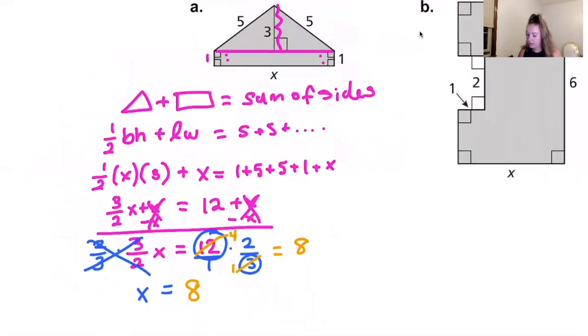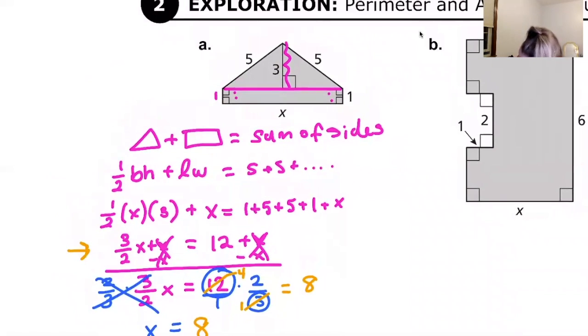So now from there, I go back to this step right here, and I'm going to plug in my 8 for X. So I have 3/2 X plus X equals 12 plus X. Remember, X is the same on both sides, so that's all I have to do.